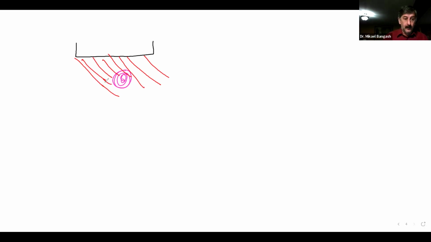Now let's just assume that this structure here is a highly attenuating structure, a structure that was going to cause a lot of attenuation to these sound waves.